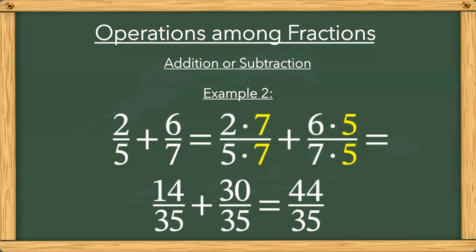2 times 7 is equal to 14. We check again, can 14 be divided by 5? No. After that, we continue with the multiplication of 7 times 3. 3 times 7 is equal to 21. Can 21 be divided by 5?